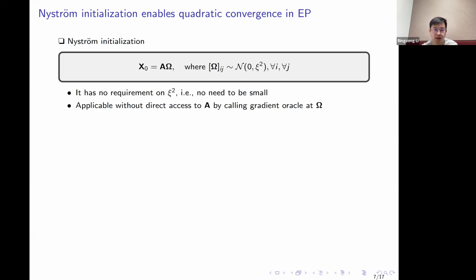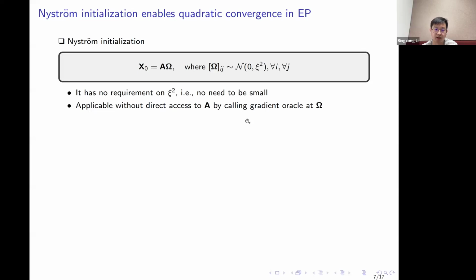To make it faster, I want to introduce the Nyström initialization. The idea is quite simple: I initialize my x0 as a Nyström sketch of matrix A. This omega here is a Gaussian random matrix of proper size, and for the exactly parameterized setting, this omega is just of size m by r.